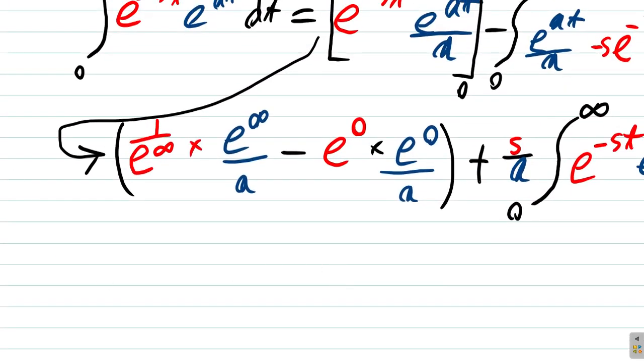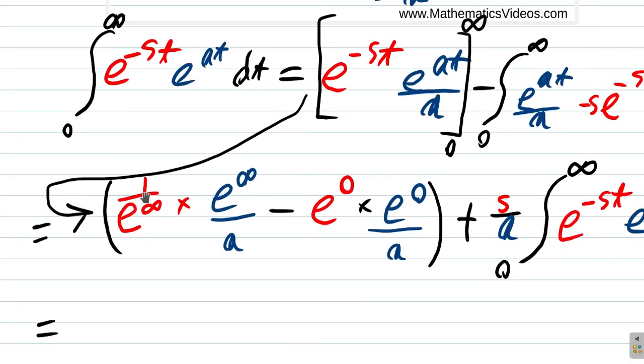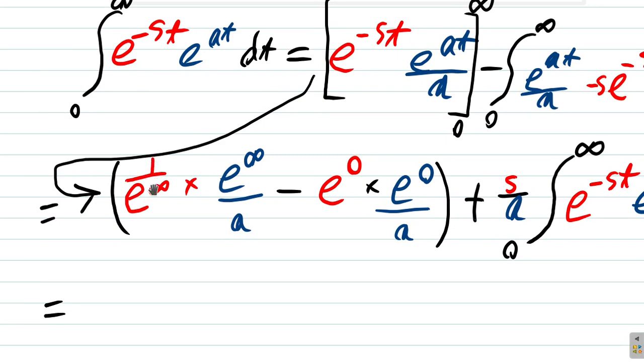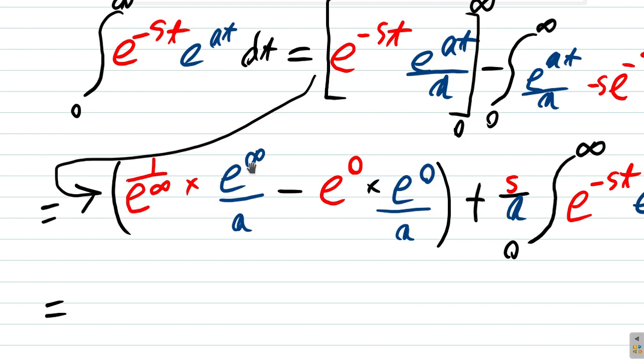Now let's see what happens here. 1 over e to the infinity, 1 over an infinitely large number is 0. This would be 0 times e to the infinity, but you can't have s, the value of s, set in such a way that 1 over e to the infinity decreases faster than e to the infinity.